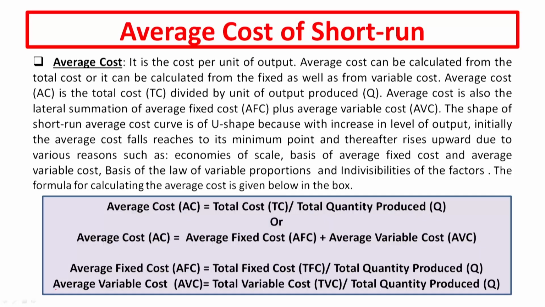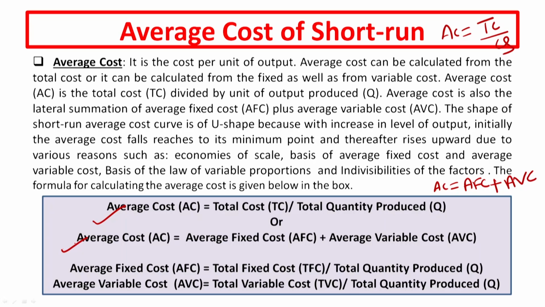That means average cost is also equal to average fixed cost plus average variable cost. So, average cost is equal to total cost upon quantity. This is the formula. Second, average cost is equal to average fixed cost plus average variable cost. This formula is this one.